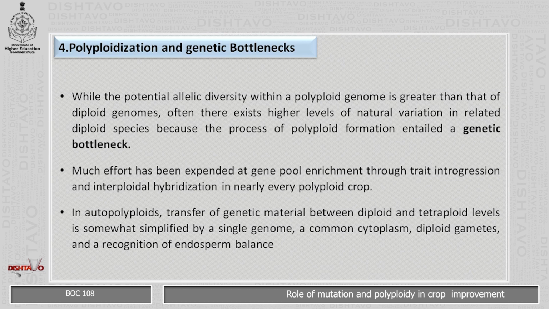Much effort has been expended on gene pool enrichment through trait introgression and interploidal hybridization in nearly every polyploid crop. In autopolyploids, transfer of genetic material between diploid and tetraploid levels is somewhat simplified by a single genome, a common cytoplasm, diploid gametes, and recognition of endosperm balance.